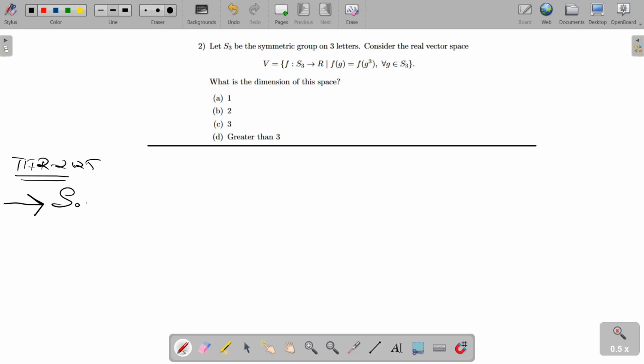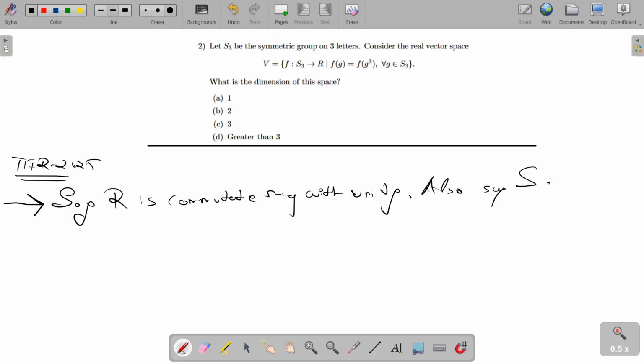Say R is a commutative ring with unity and S is a set.